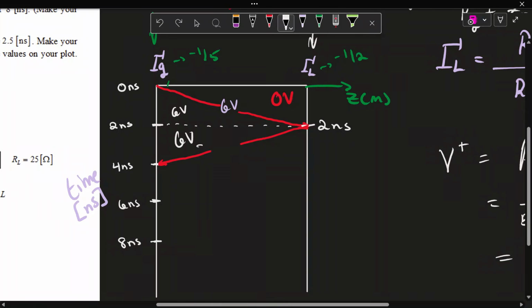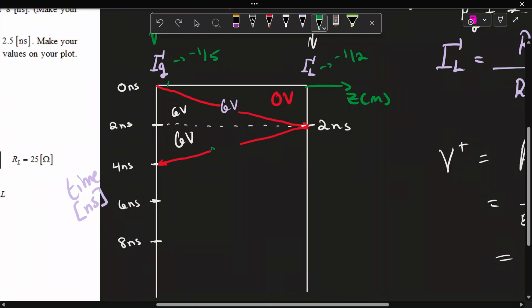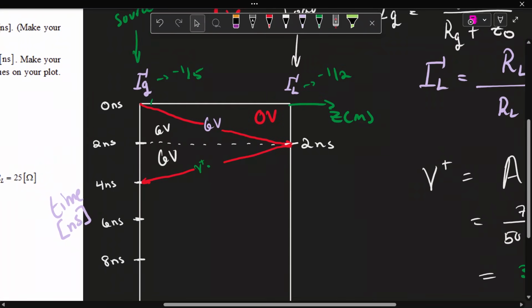But what about over here? What about across the arrow? Well, think about it in this case. We have V plus. That's our incident wave, the wave that hits the load. We are going to multiply that by the reflection coefficient at the load. This is the ratio to which the incident wave, or V plus, will come back.